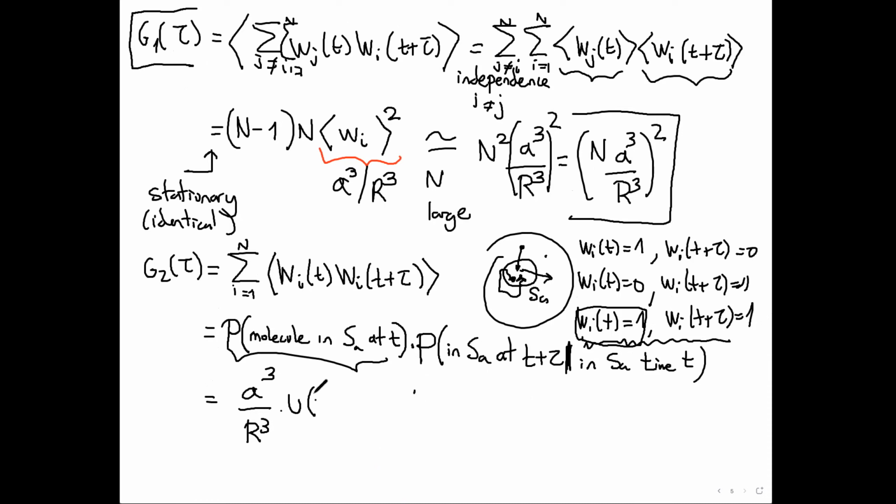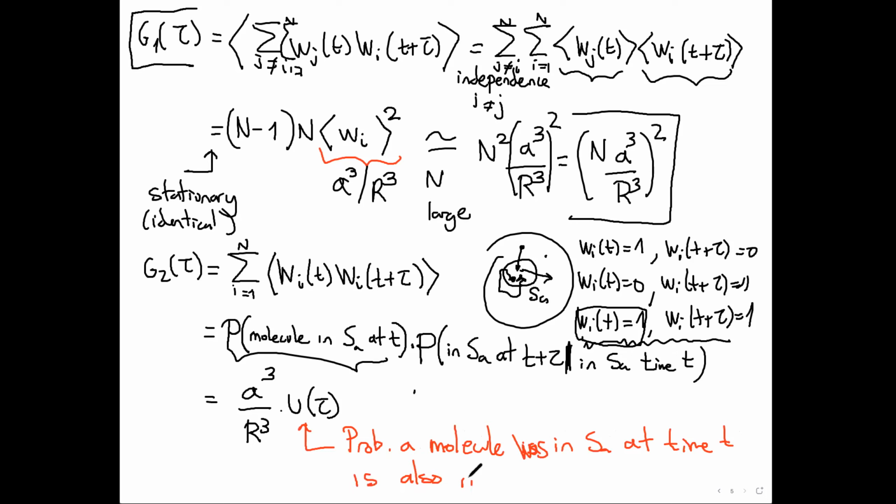U tau is exactly the probability that a molecule that was in SA at time t is also in SA at time t plus tau. Okay, this is this quantity here.